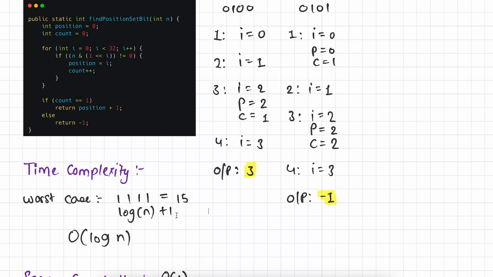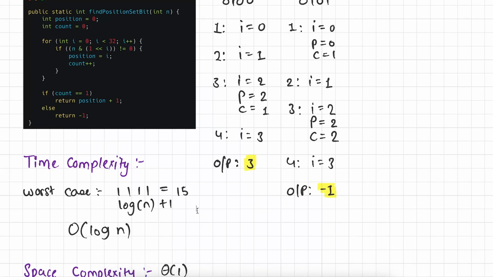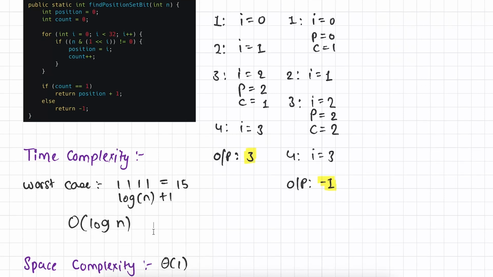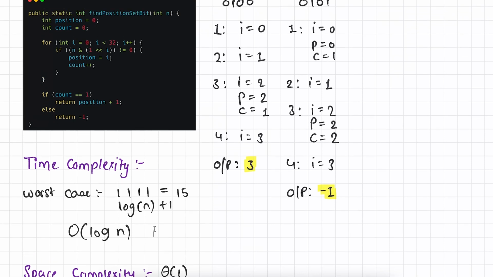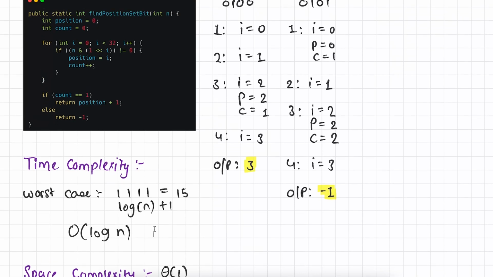So log of 15 is 3 and 3 plus 1 is equal to 4. So there are 4 bits required to represent number 15, and we are also traversing all the bits. So in the worst case, the time complexity of this function is going to be big O of log n.